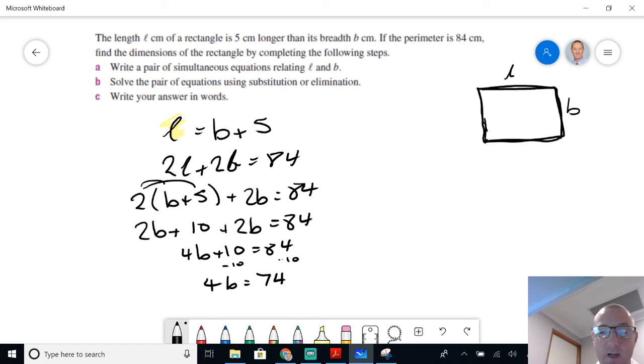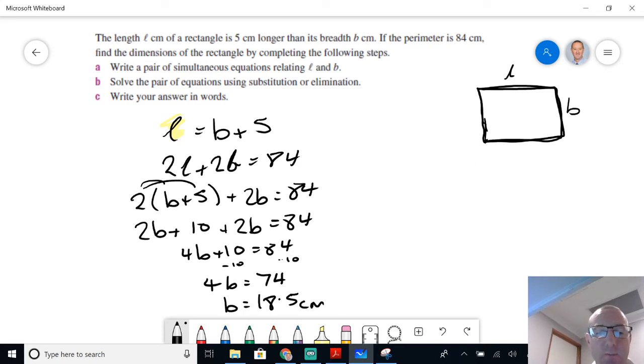That's going to end up with a half, isn't it? So dividing both sides by 4, we end up with B being equal to 18 and a half. So 18 and a half centimeters is the length of our B.